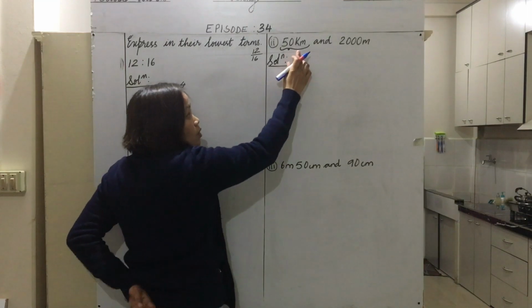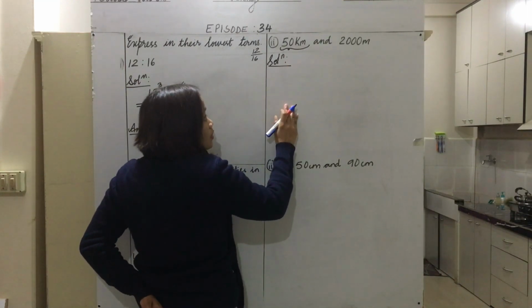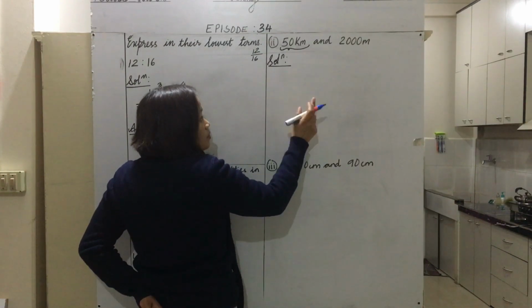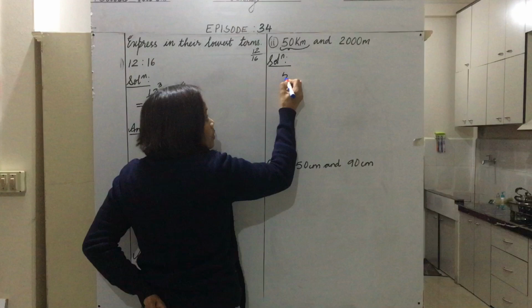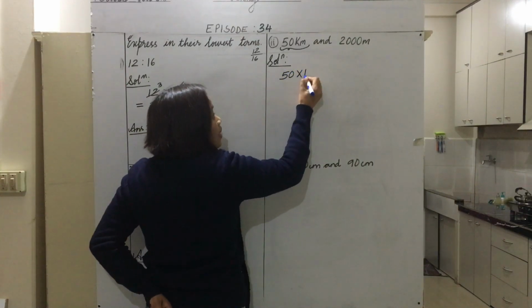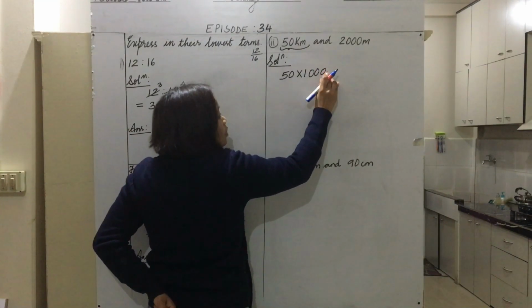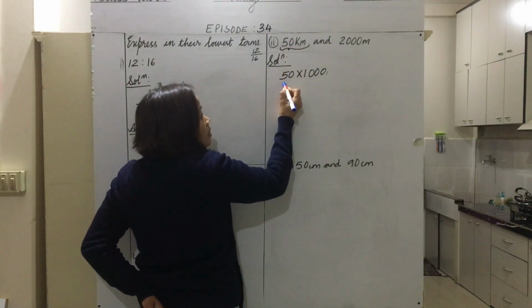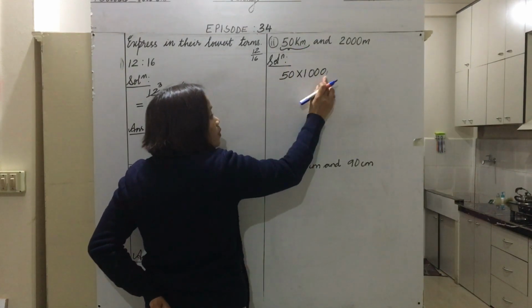You will write down 50 multiply by 1,000. 1,000 meter equals 1 kilometer. This is how we convert into meters.